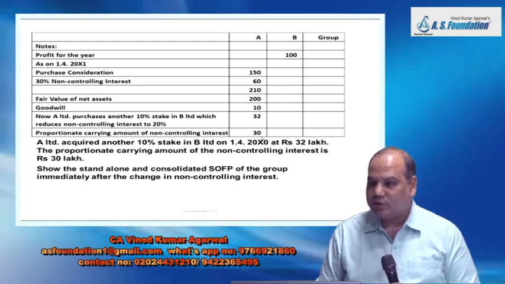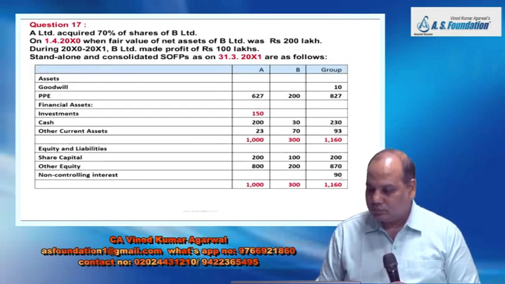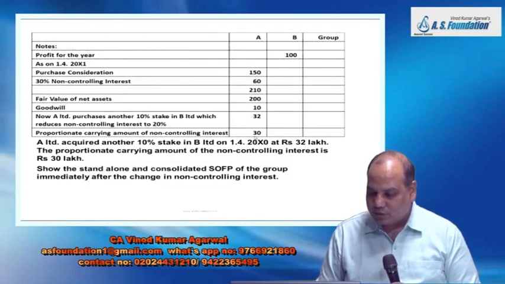How has this 30 come? This is 90, so you purchased 1/3 of it, which means 30. They were holding 30%, now they are holding 20% only. So the proportionate value of the 10% stake will be 10 by 30 into 90, that is 30.